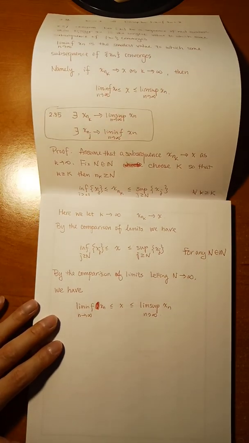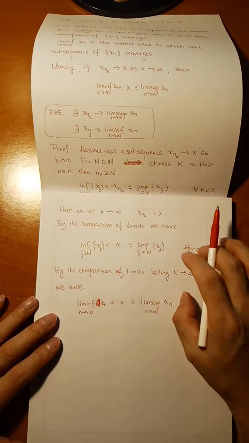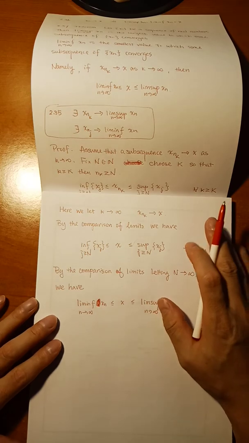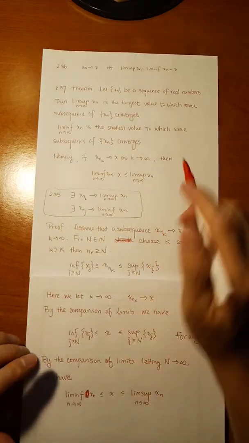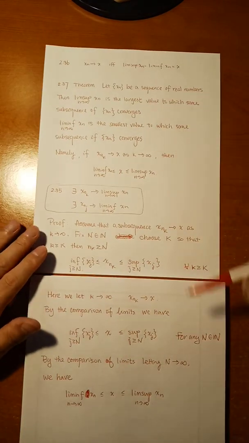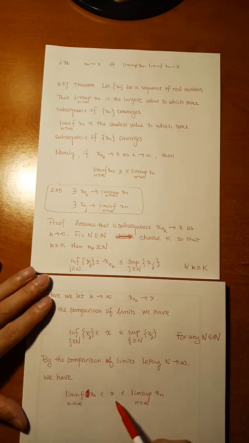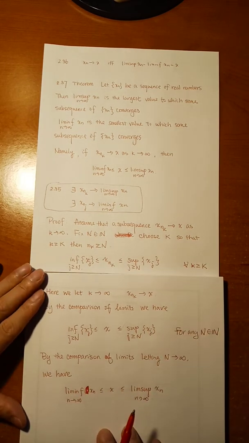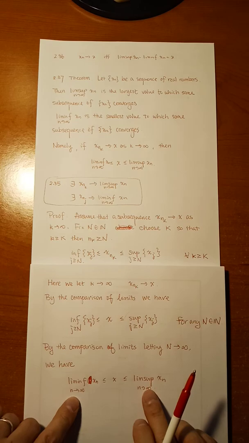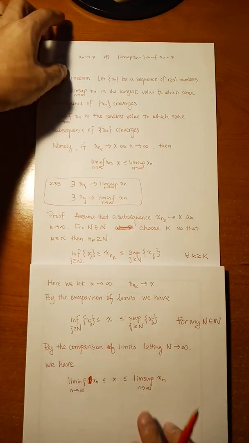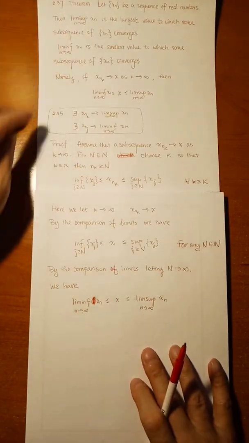Okay, so from here you can see that this result is not equivalent to the original one. It just says the limit of the subsequence will be bounded by those two numbers. It does not say those two numbers can be achieved, can be reached.